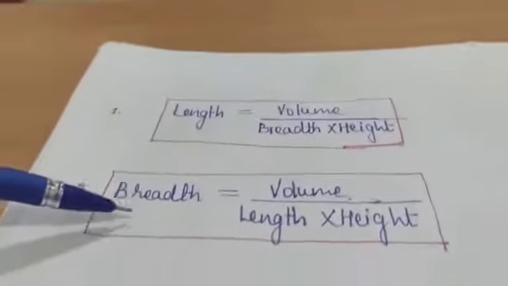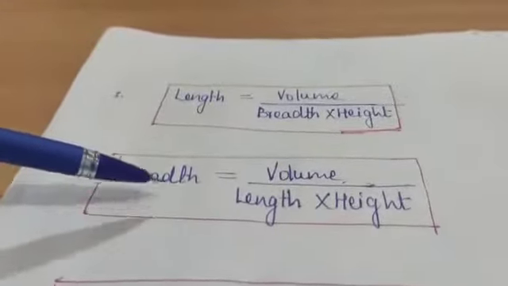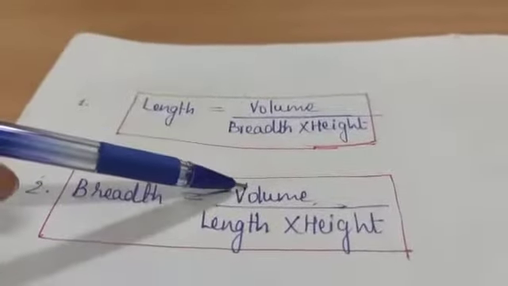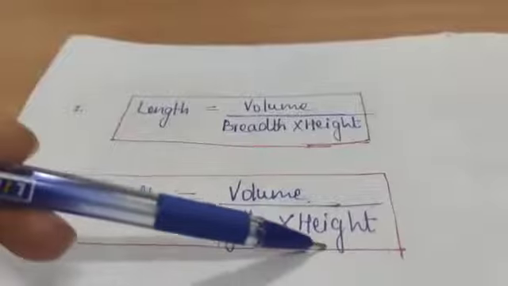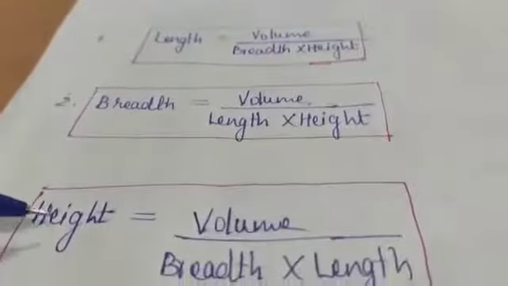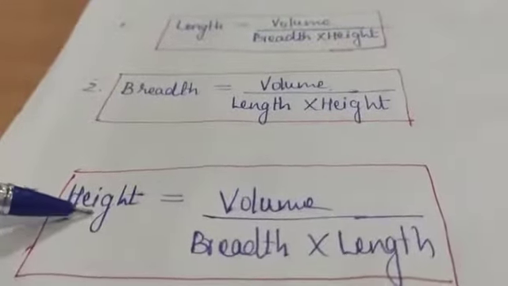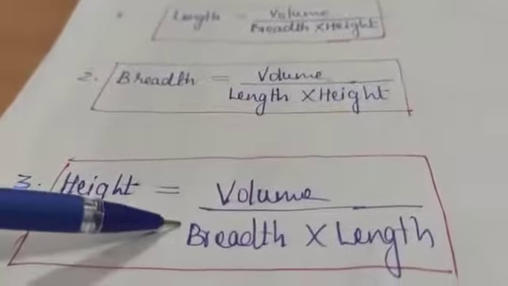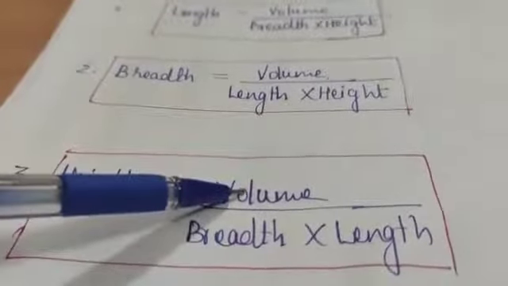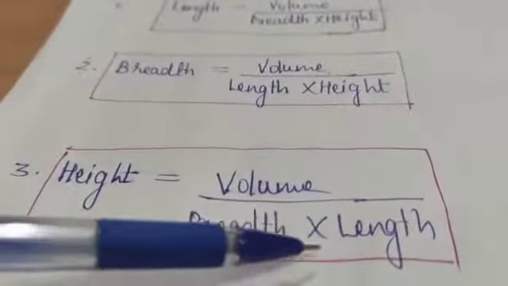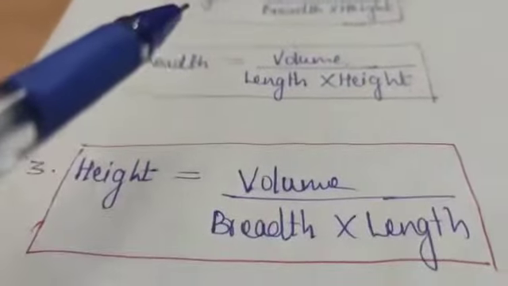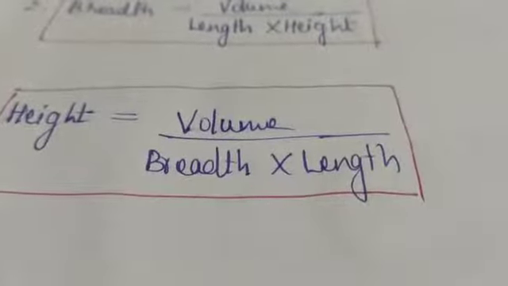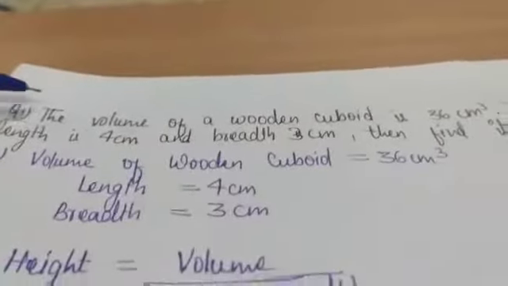Similarly, if we have to find the breadth of the cuboid, then we will use the formula volume upon length into height. And the third one is the height. If we have to find the height, we will use the formula volume of cuboid upon breadth into length. Let us take an example.